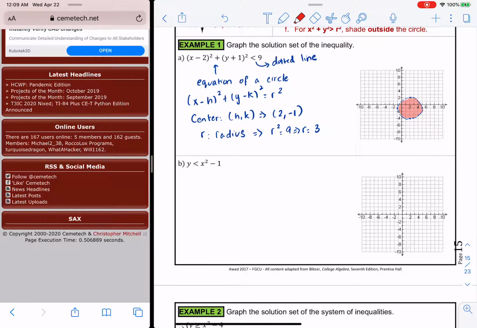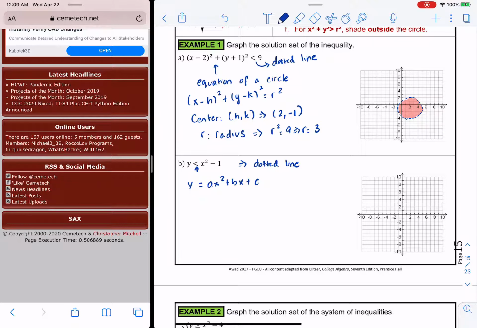Moving on to the next one, if we look at this equation, this is of the form y equals x squared plus bx plus c. Only in this case, instead of an equal sign, we have a less than sign. Less than sign should indicate a dotted line.